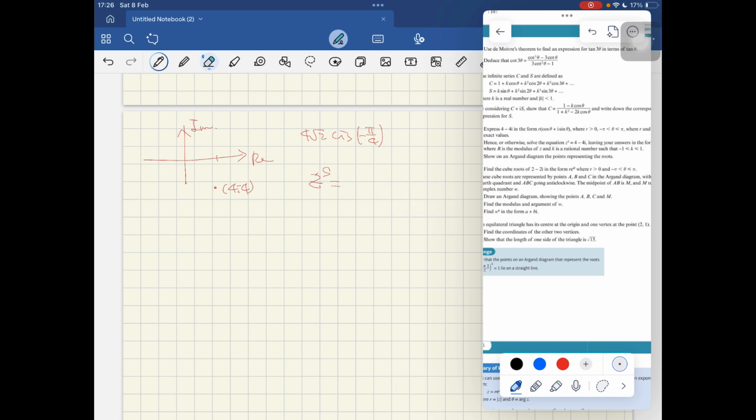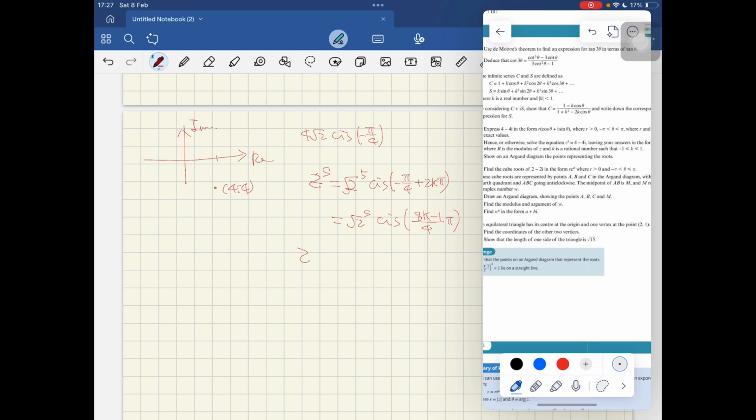Just to make it like square root 2 to the power of 5, is it? Yep. Let's make it like this: square root 2 to the power of 5 cis ((8k minus 1) pi over 4).